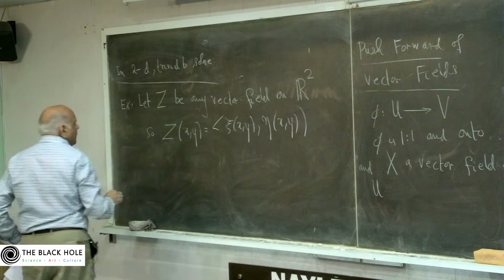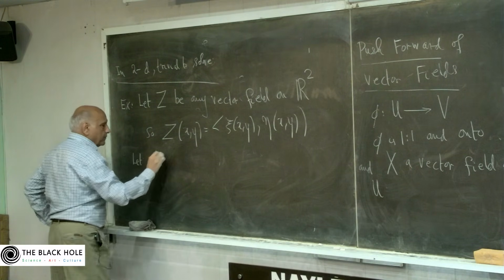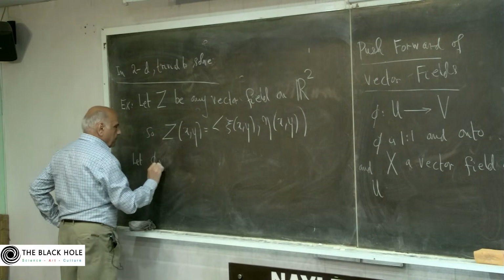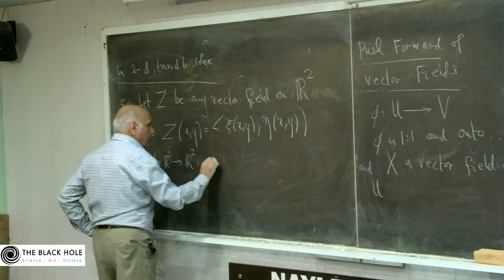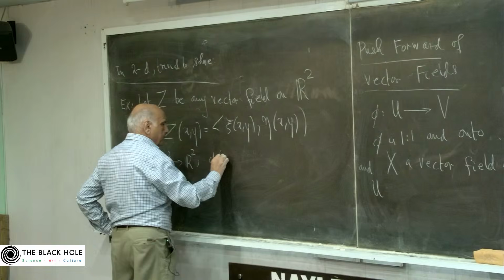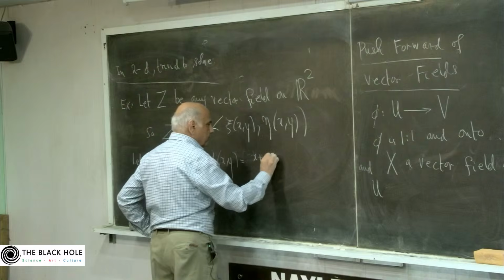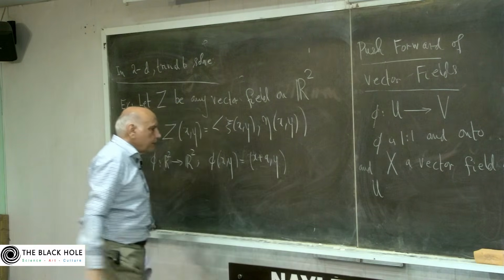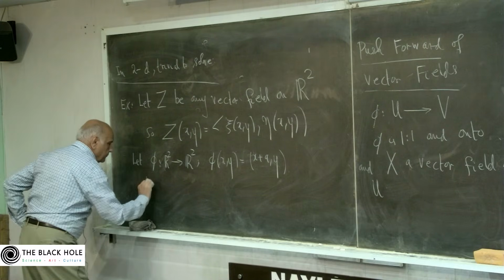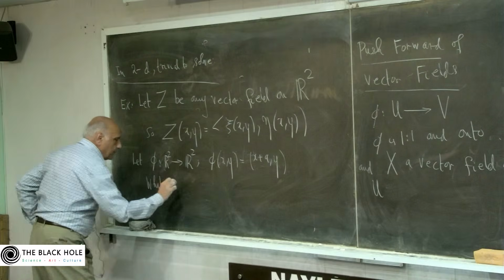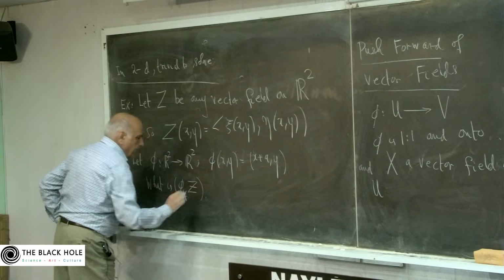Okay, let phi be the map phi of (x,y) equal to (x plus a, y). So what is phi star of Z?